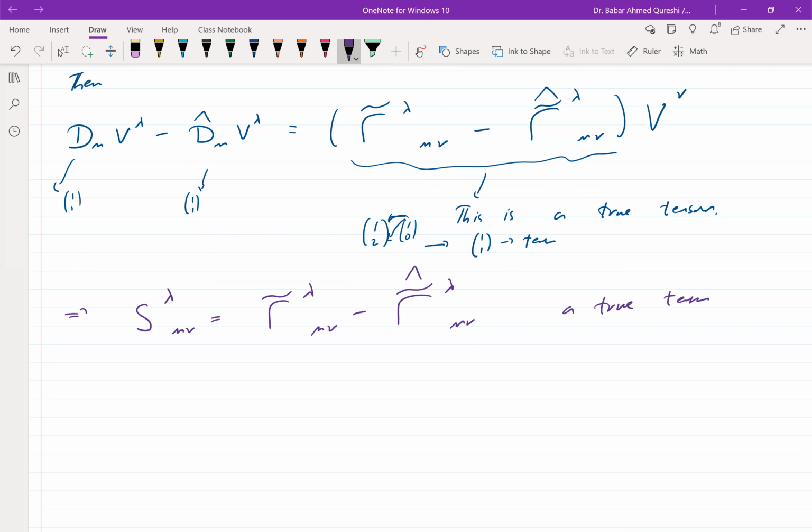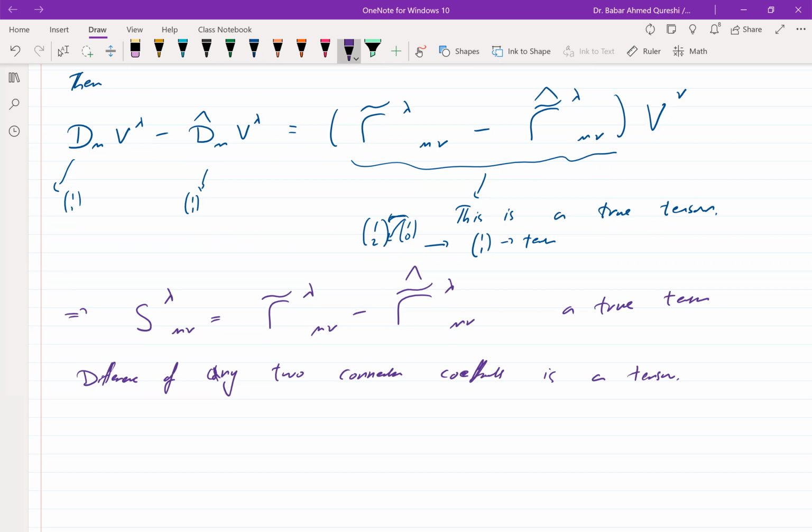This means the difference of any two connection coefficients is a tensor.